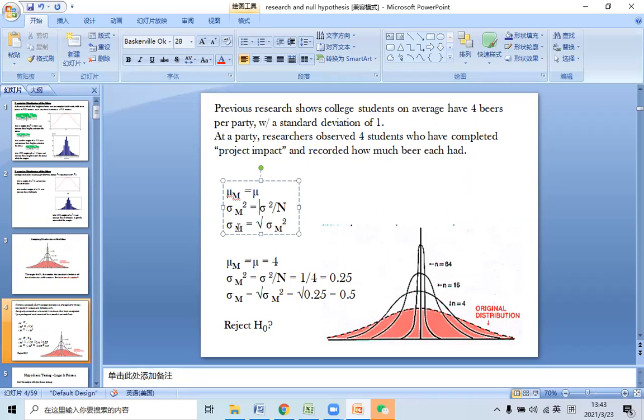And to get the standard deviation, you just take the square root of the variance.